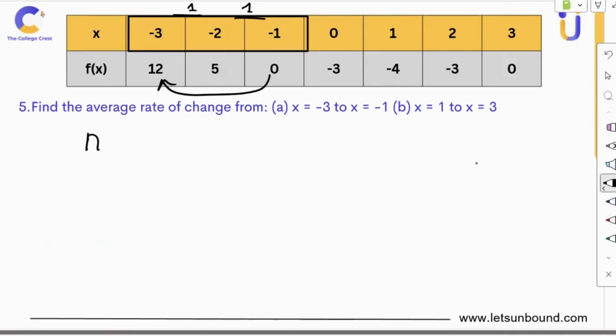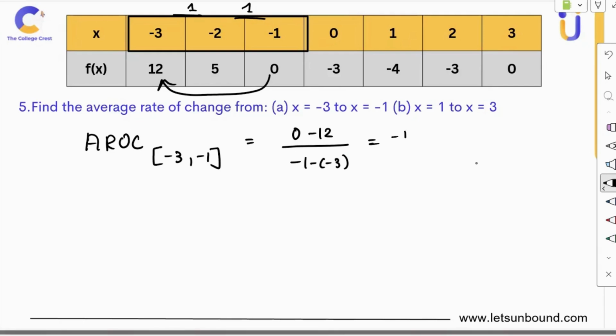So the average rate of change from -3 to -1, you apply the formula: 0 minus 12, then -1 minus of -3. So -12 by +2, which is -6. Right?